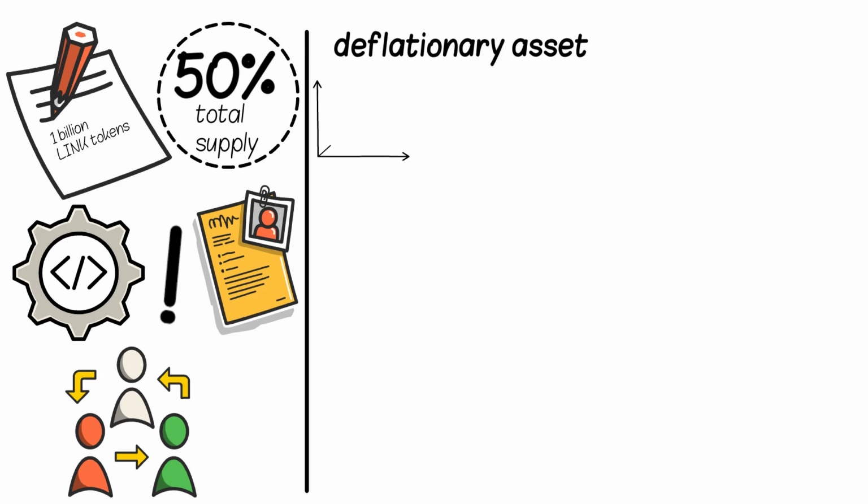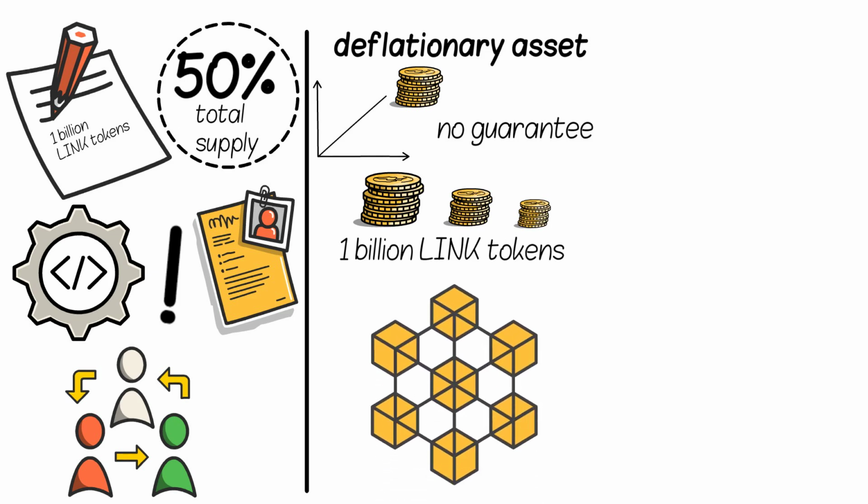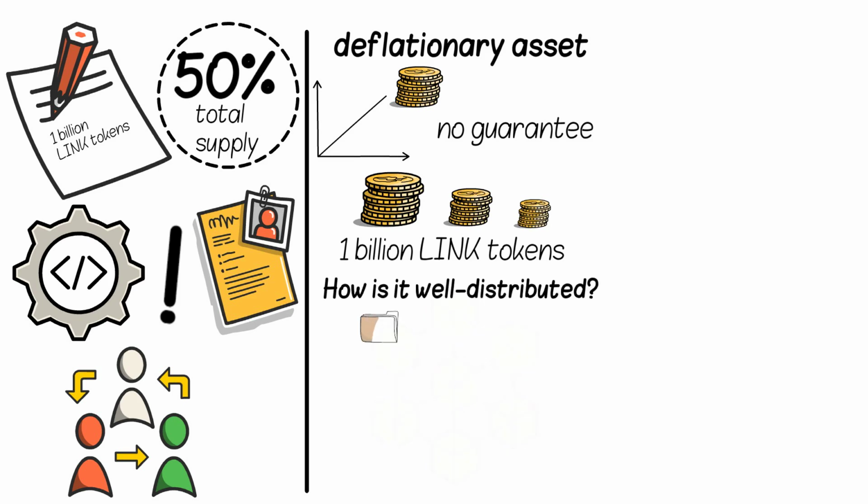This is what makes the token a deflationary asset. Typically, an item with more demand than supply usually sees its price increase over the long run, but that's not always a guarantee. So not only is the currency deflationary due to the limit of 1 billion Link tokens, which are used to pay for the retrieval of data, it is also well distributed.